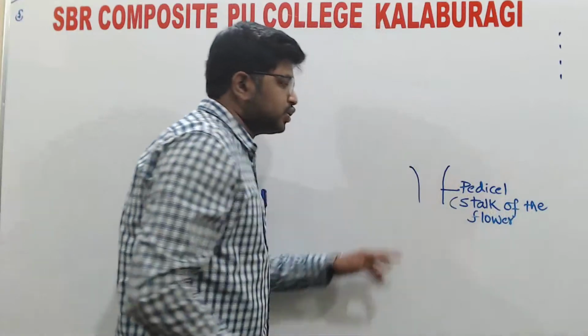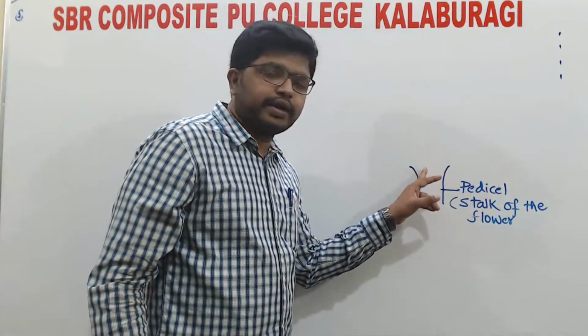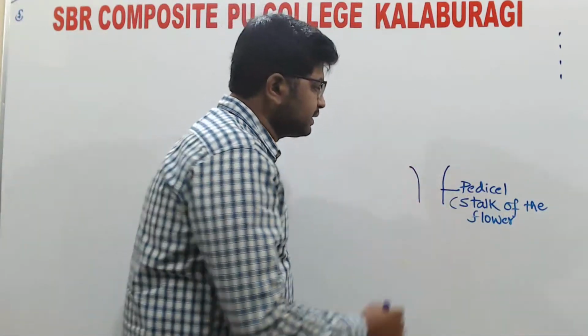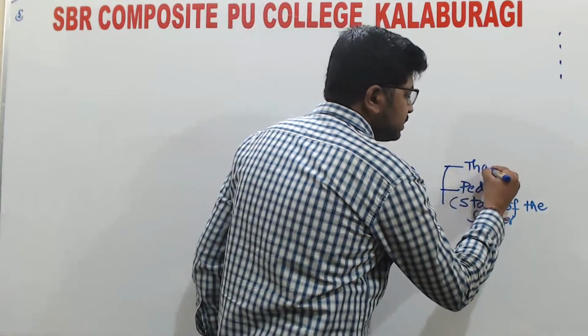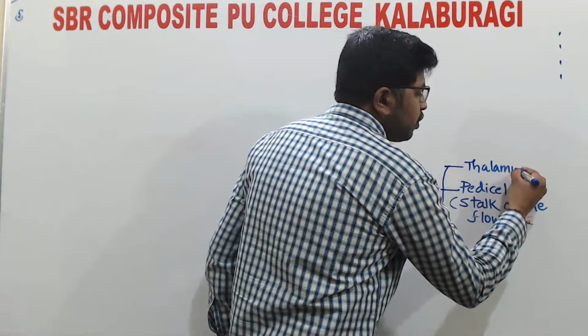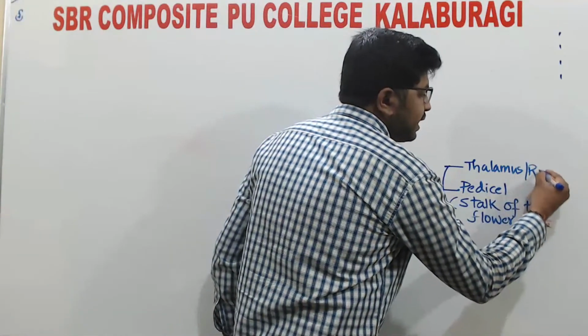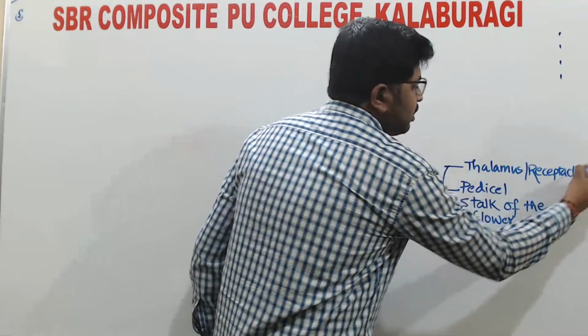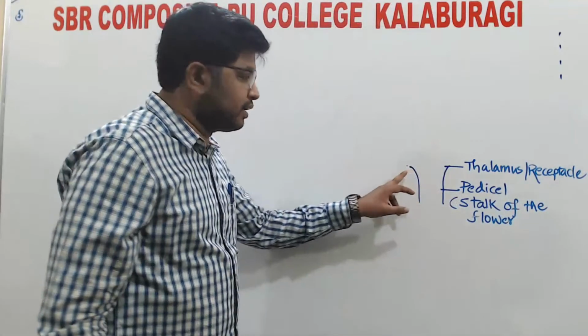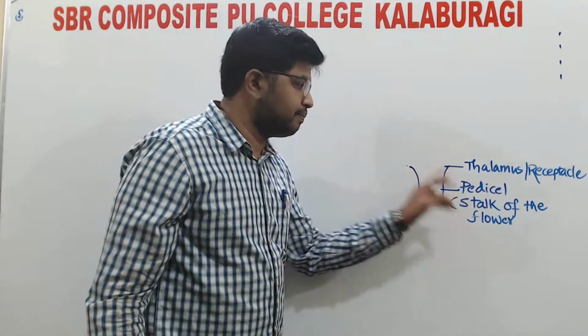Now, the swollen end of the pedicel, we call it the thalamus, right? You can even call it the receptacle. This is the swollen end of the pedicel.